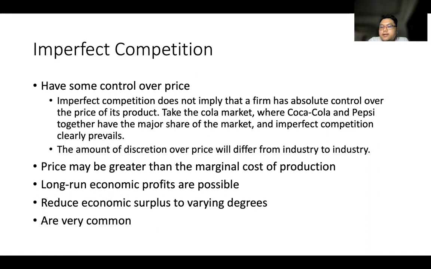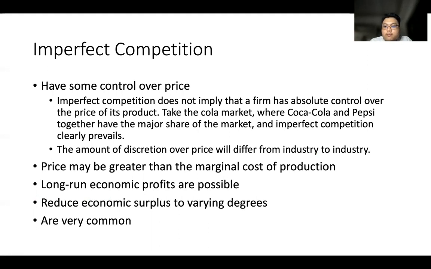They don't necessarily say this is the price, no. But what it means is that competitors in the cola market, if they wish to compete against Coca-Cola and Pepsi, of course have to go where the market price is that's being set by Coca-Cola and Pepsi. They have to take that into consideration. Right? So the amount of discretion over price will differ from industry to industry.